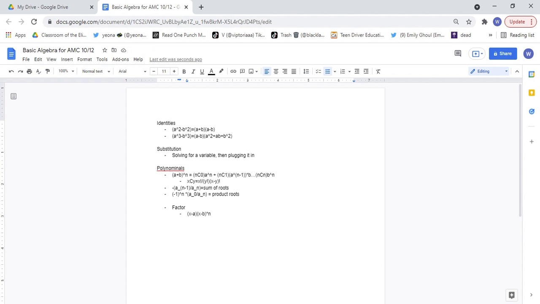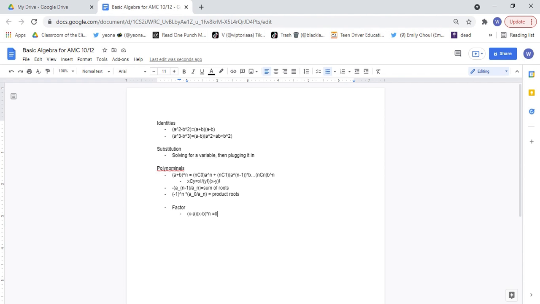What this does is give you the roots. If this equation equals 0, then for x equals a and x equals b, the equation is satisfied. So that's how you find the roots when you factor.